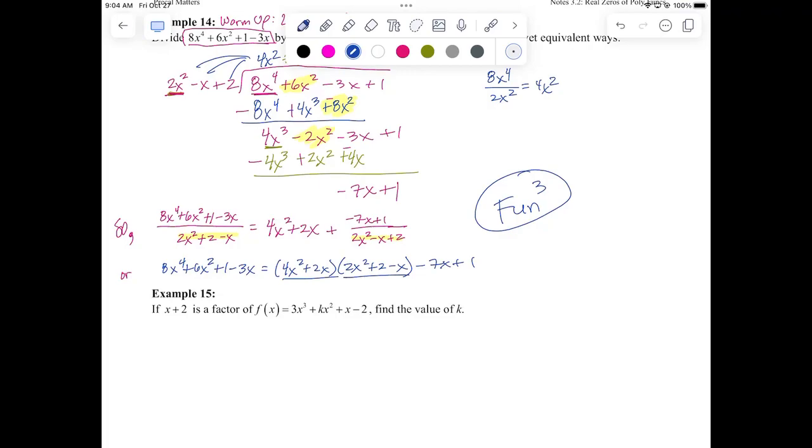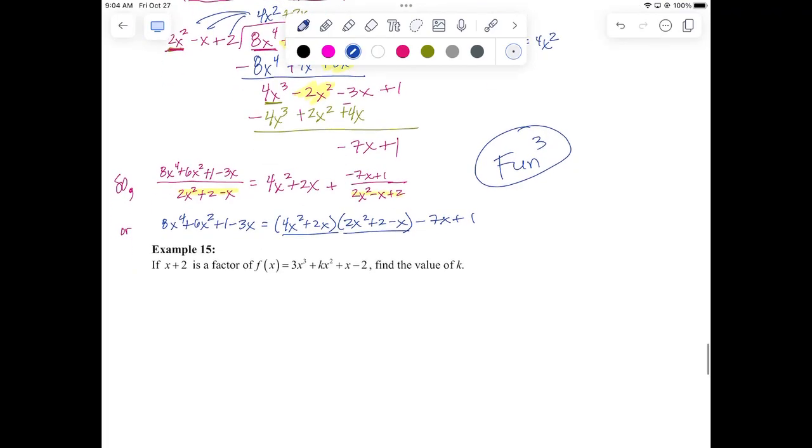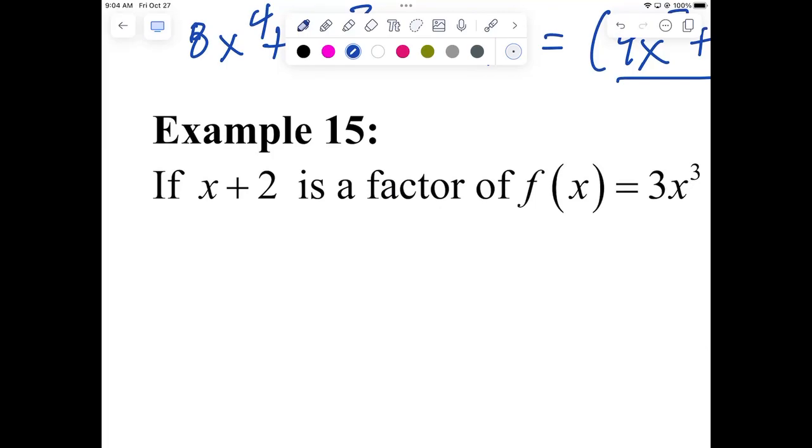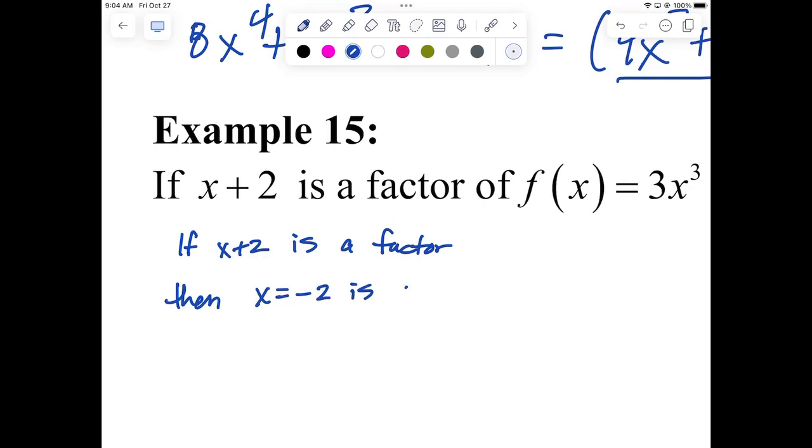It was not memorable. If x plus 2 is a factor of this cubic polynomial, find the value of k. This is the last one we're doing. Okay, let's think about what the factor theorem says. It says if x plus 2 is a factor, then x equals negative 2 is a root.